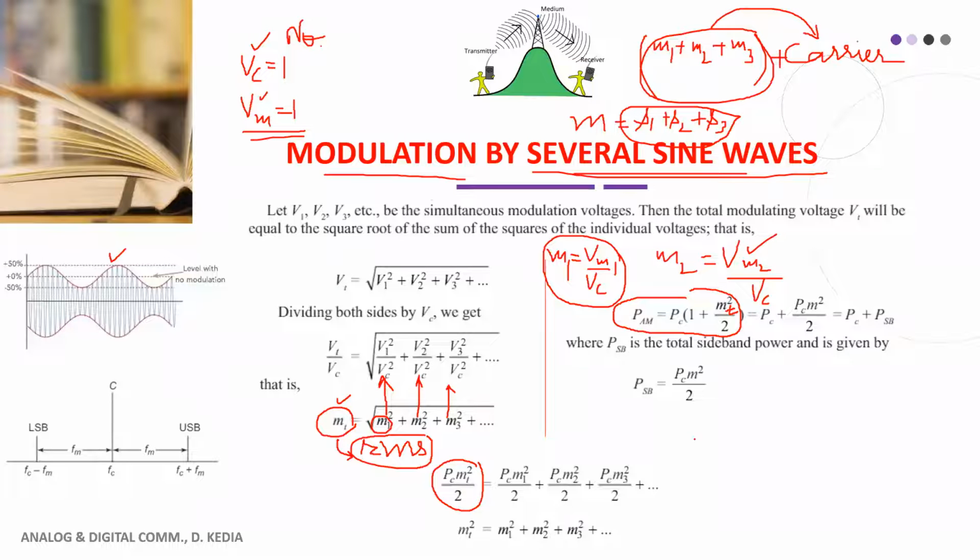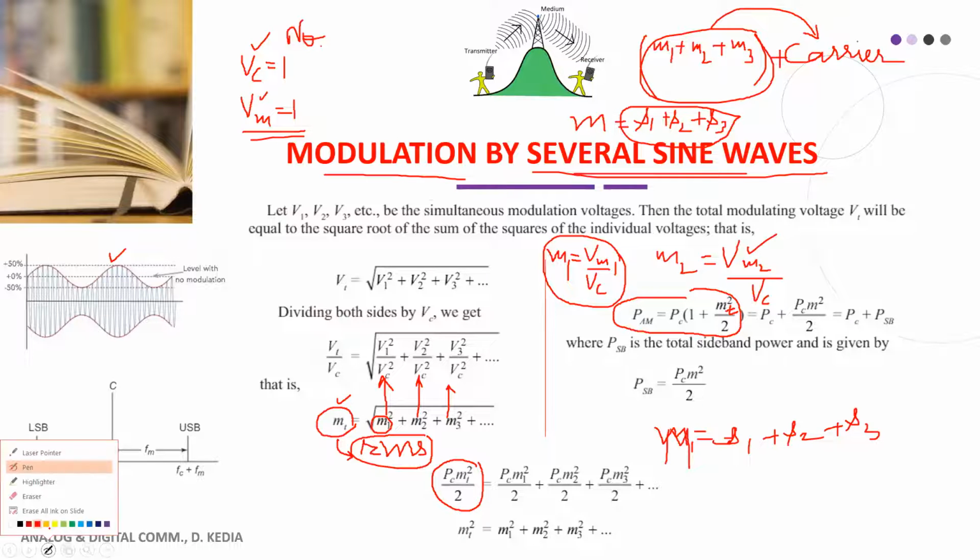So if my modulating signal has several sine waves, say M has S1 plus S2 plus S3 and so on, whatever the number of these sine waves, I'll obtain the individual modulation indices. Keep this as capital M so that it distinguishes between the modulation index.